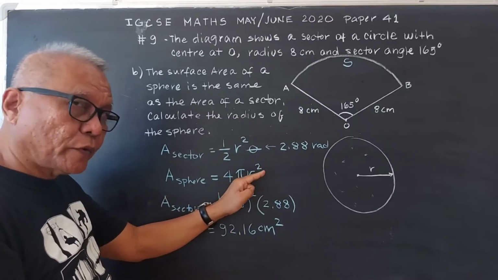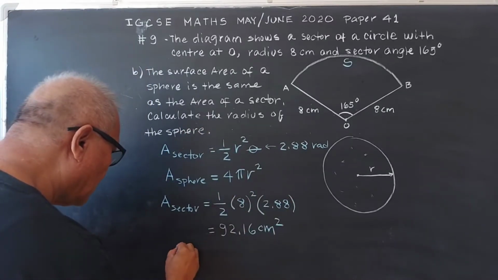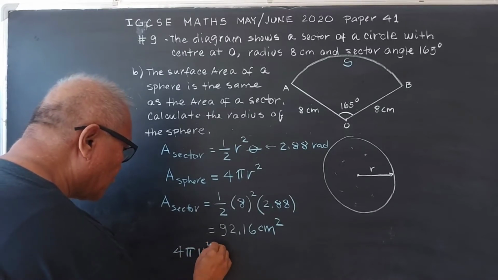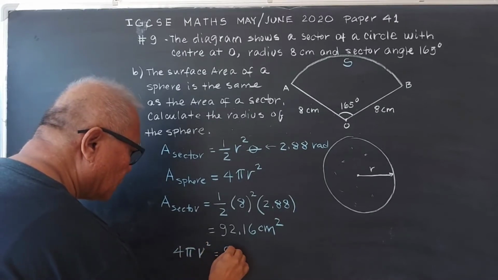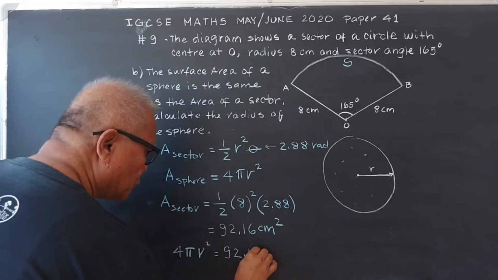Now we will equate this area of our sector to the area of the sphere, which is 4 pi r squared. So we have here 4 pi r squared is equal to the area of the sector, which is 92.16.